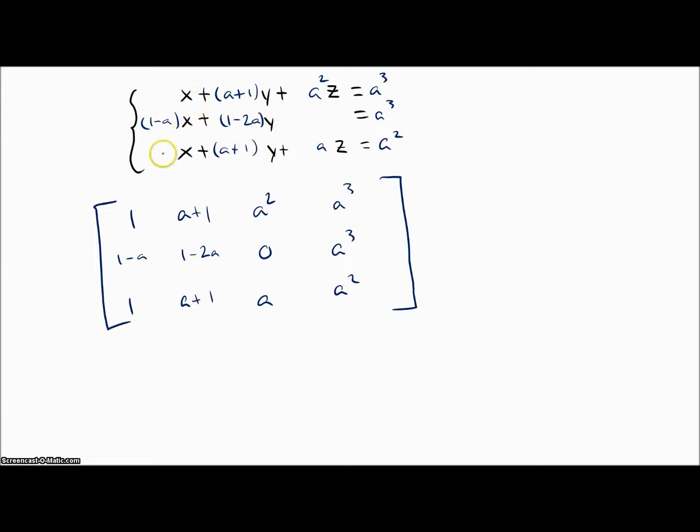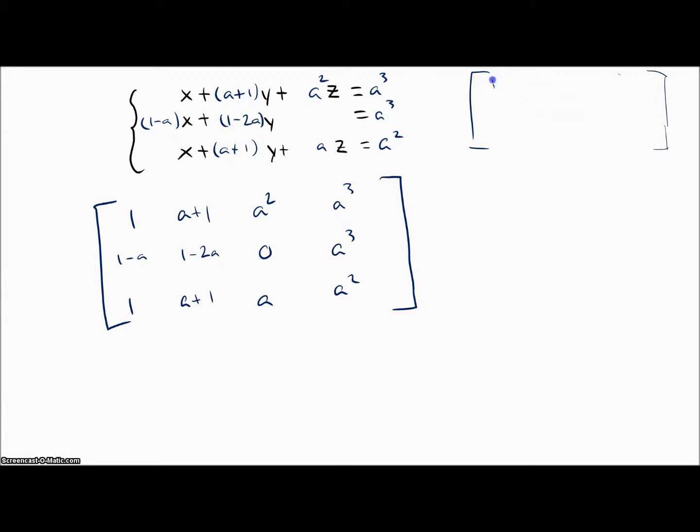So this is basically just another way of writing equations. Now I've just put it into a different form, and what I'm getting at is doing a reduced row echelon form.